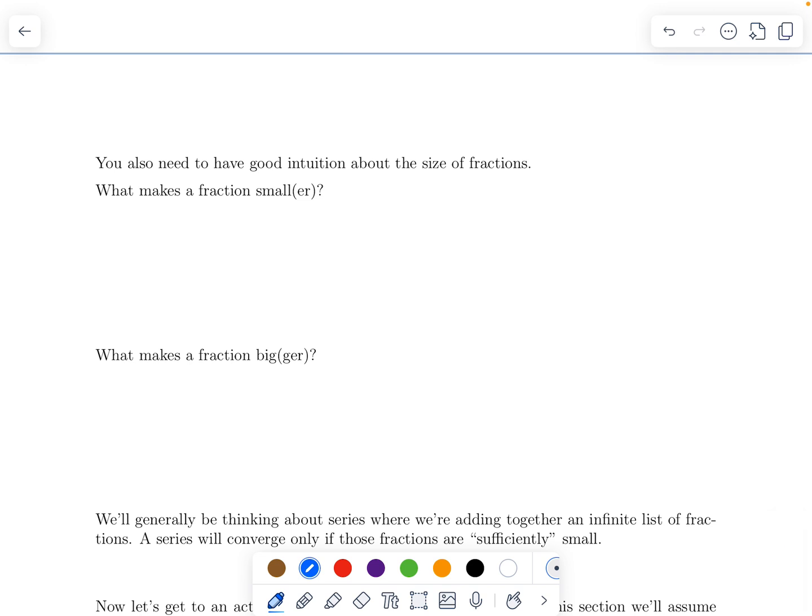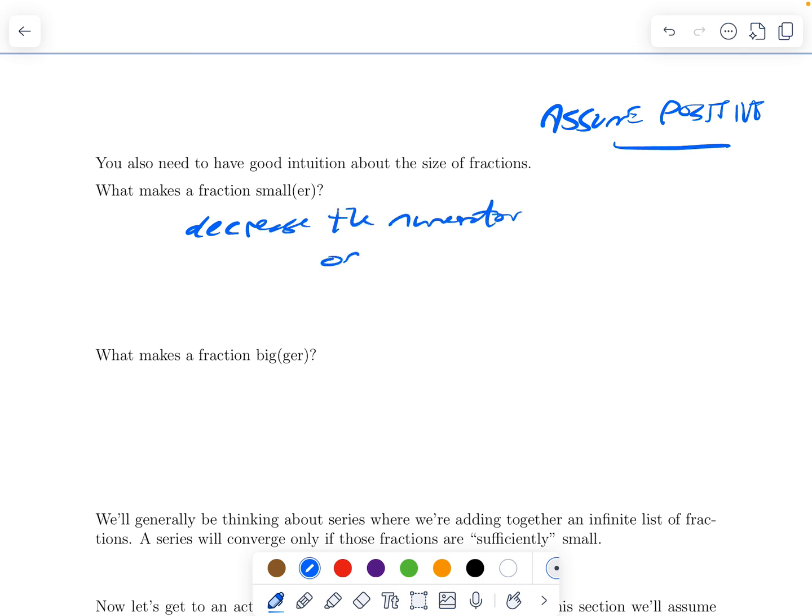We also want to make sure we're comfortable thinking about fractions and whether they're bigger or smaller. So pause and answer this question: what makes a fraction smaller and what makes a fraction bigger? Assuming we're dealing with positive numbers, let me just say that clearly: throughout this section, assume everything we're talking about is a positive number. A fraction is smaller if we decrease the numerator or increase the denominator.